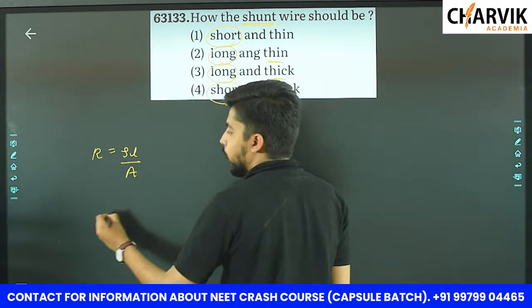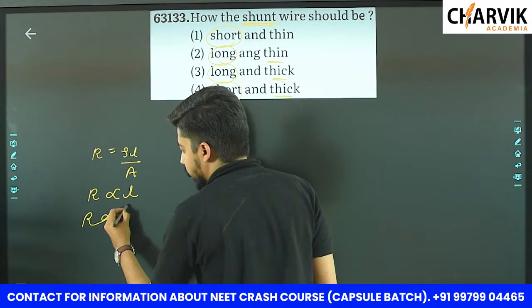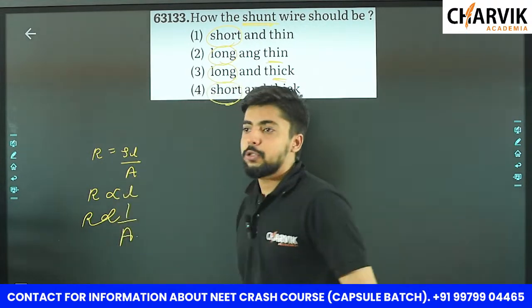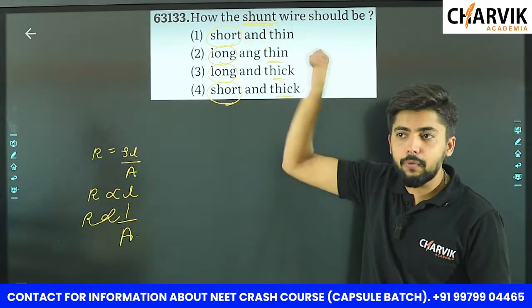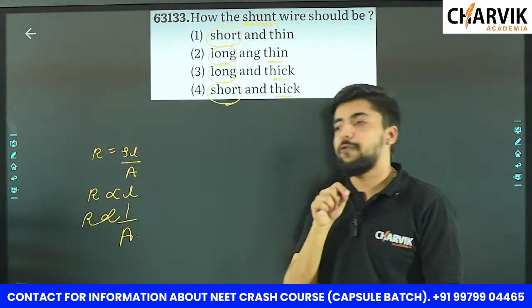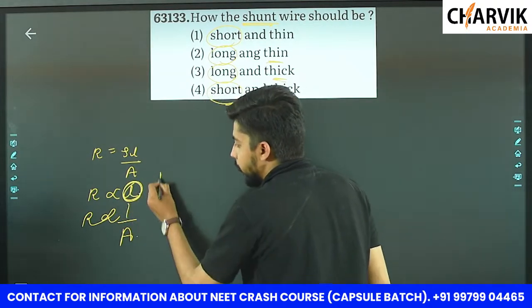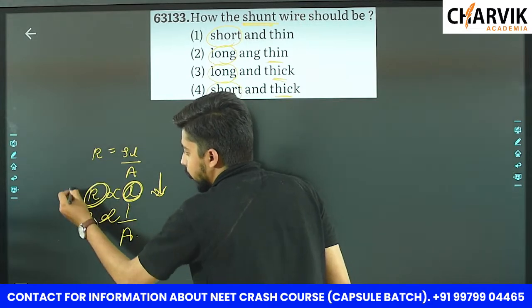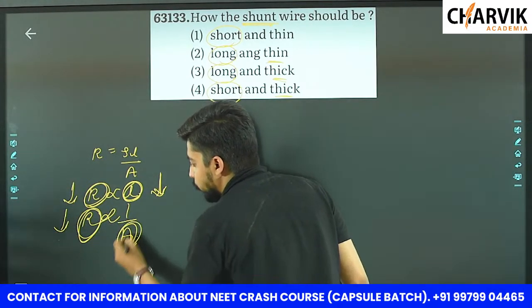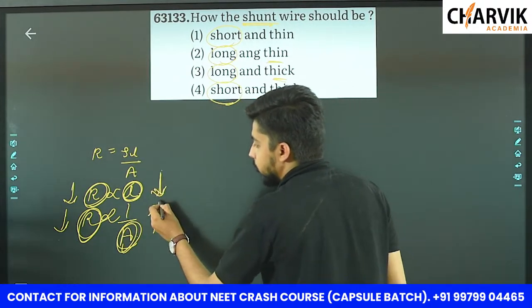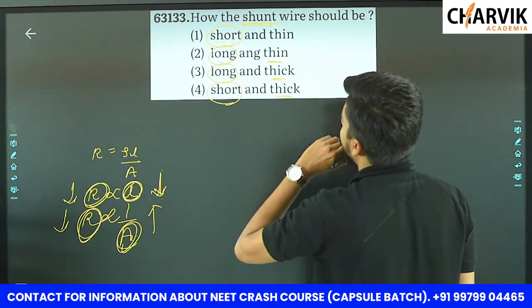By this formula you can say that resistance is directly proportional to the length and inversely proportional to the area. So the shunt wire should have a low resistance, and for that, length should be small because you need a small R, and area should be higher.